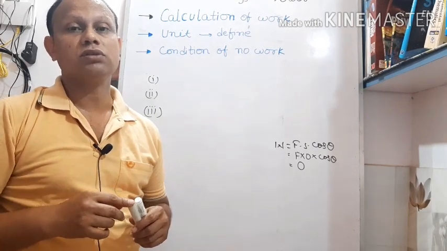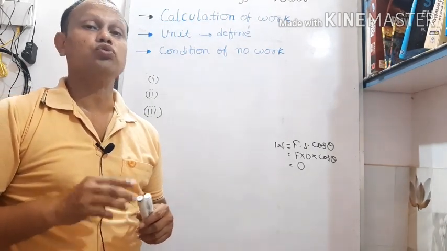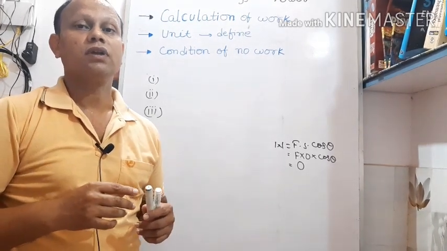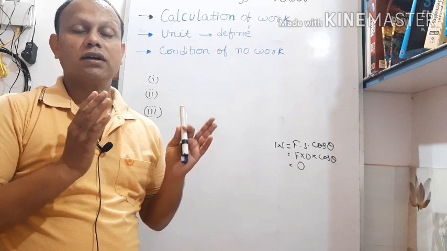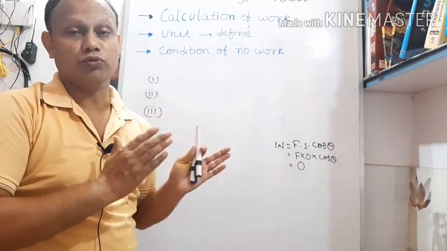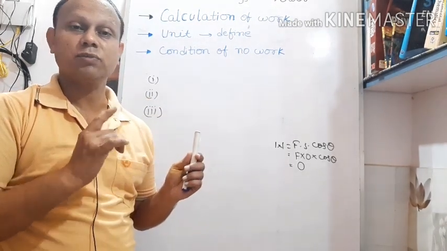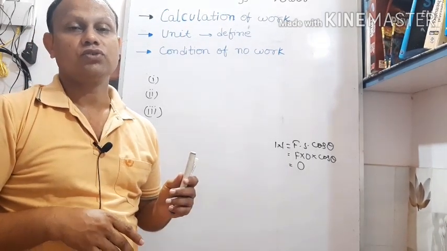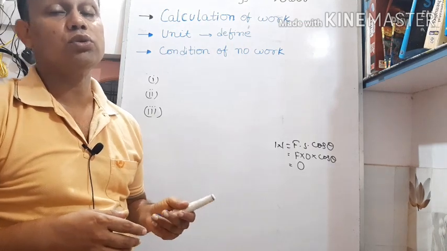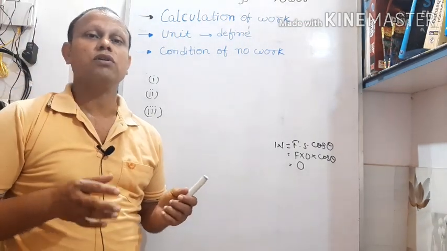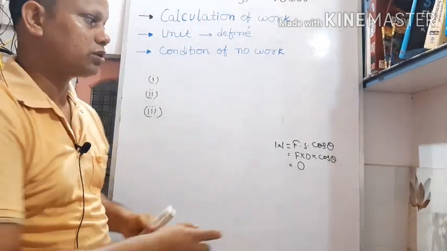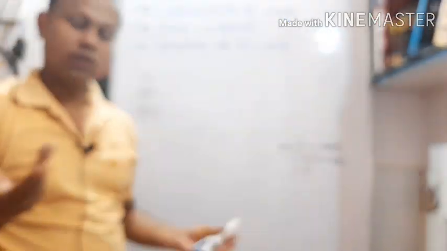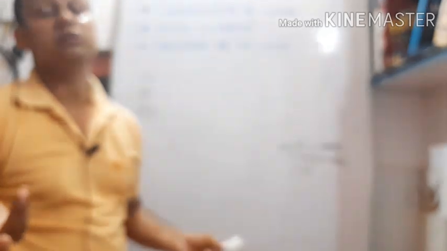During uniform motion, the body experiences no external unbalanced force, but the body moves. That means displacement is taking place, but the force is not there. So during uniform motion also, although the body is moving, the work done is considered zero, because the force factor is zero, so the product will be zero.